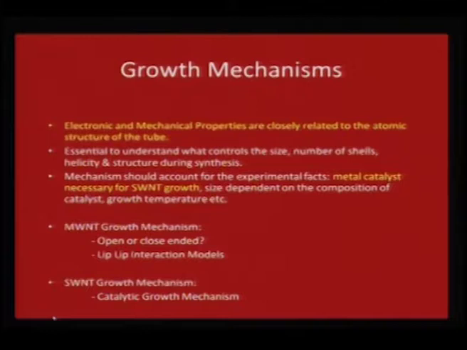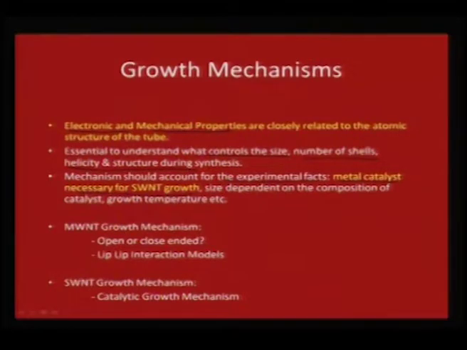So, the growth mechanisms are very important to understand the electronic and mechanical properties, because both are dependent on the atomic structure of the tube. What we need to understand is what are the parameters that control the size, the number of shells if it is multi-wall, and the helicity and structure during the synthesis. What has been proved and established is that there is no way you can grow a carbon nanotube without a metal catalyst.